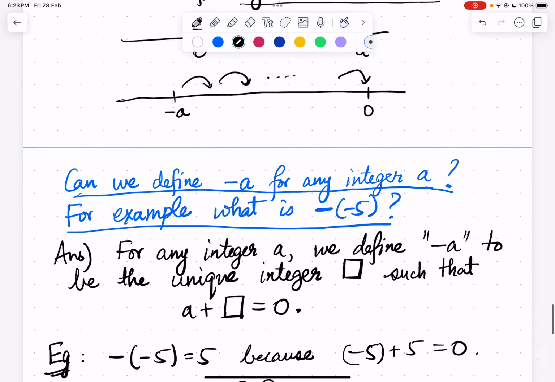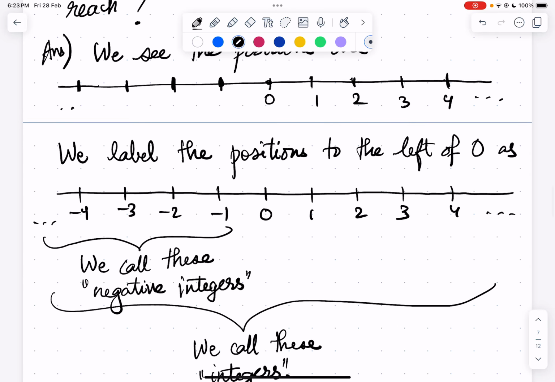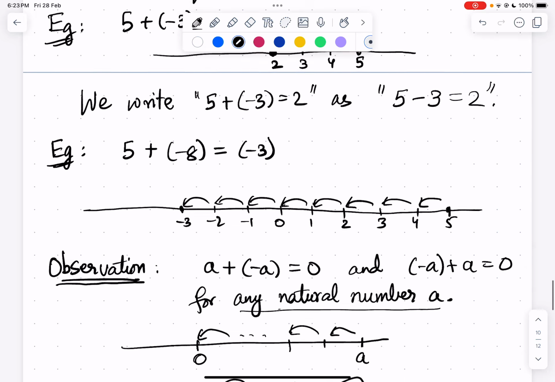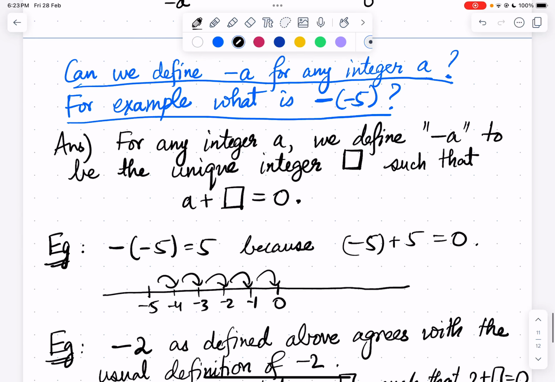It agrees with the usual definition of minus 2, which we saw when looking at integers, right? Okay. So in general, what is minus a for any integer a? Minus a is that unique integer box such that a plus box is 0. This is the main thing.